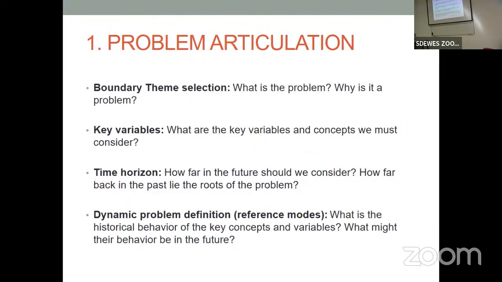Starting with the first point, the problem articulation. The problem articulation means that we have obviously to define what is the problem and why is it a problem. Okay? This is a very obvious starting point, but it's necessary to have clear ideas about what is the problem. Then we try to look for key variables.